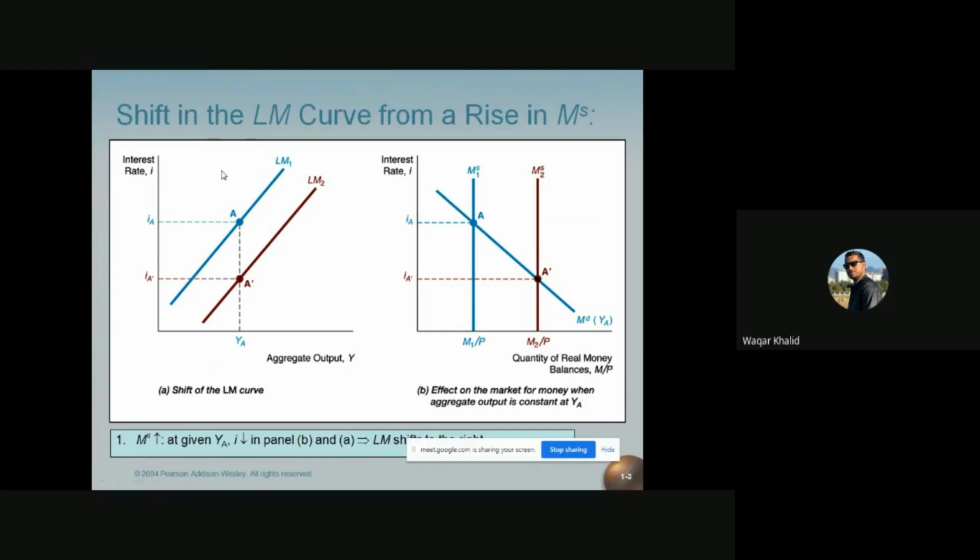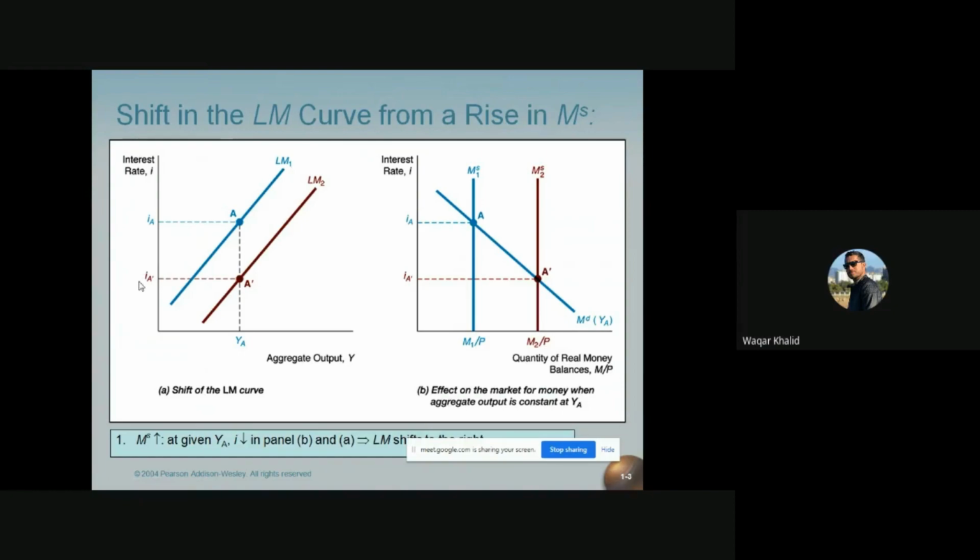Here YA is constant, but the equilibrium interest rate falls from IA to IA dash. This decline in the equilibrium interest rate is shown by a movement from point A to point A dash. Look here, from point A to point A dash. And now we have a decrease in the interest rate.